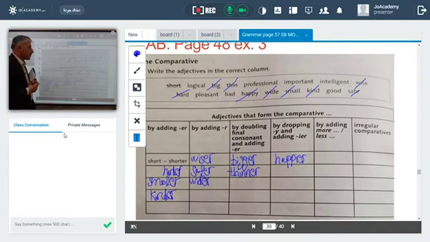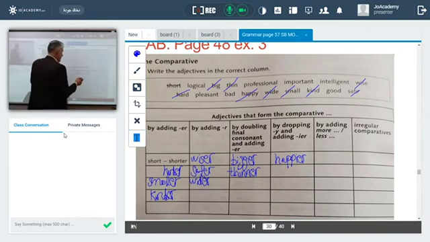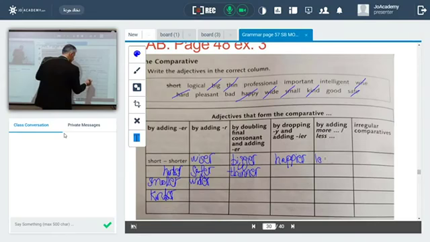By adding more or less, we have so many. Logical, professional, important, intelligent, pleasant. All these adjectives, they are long adjectives. That's why we need to add more or less before them. We keep them as they are, logical. Okay.